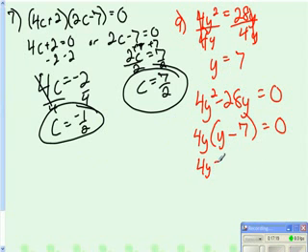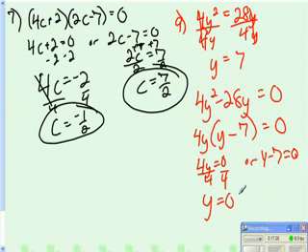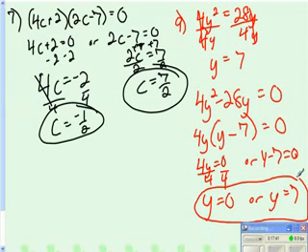If you do this, I know 4y can equal 0, or y minus 7 can equal 0. So y could have been 0, or it could be 7. If you did it the other way, you only get one answer. You need both of them, because it could be 0. So you do need to make sure of this. You're always going to have 2.